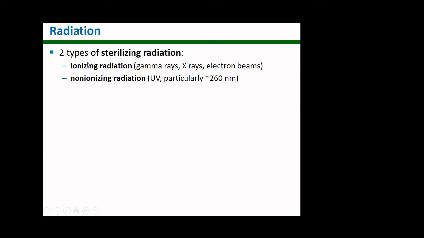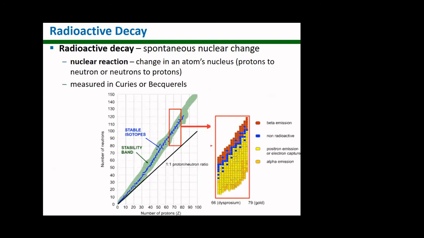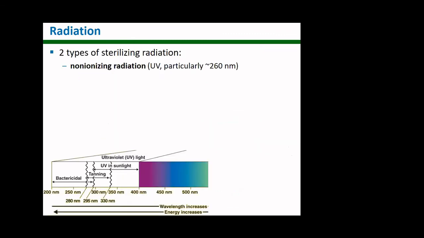Ionizing are things more powerful than UV, like gamma rays. When atoms are exposed to radioactivity, their nuclei become unstable and they can give off particles. And those particles that they can give off are essentially what is your radioactivity. And those can cause DNA damage in cells.